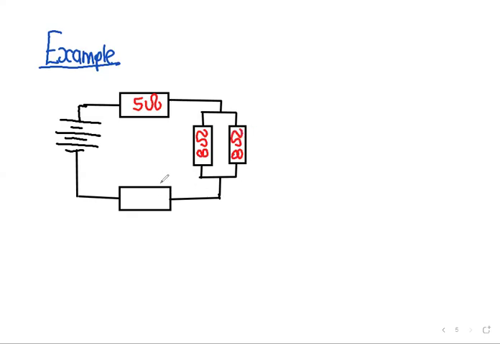And then here it's R4, which is going to be 6 ohms. And then here we're having our battery, which is 60 volts. So we can label this as R1, R2, R3 the third resistor, as well as R4 the fourth resistor.